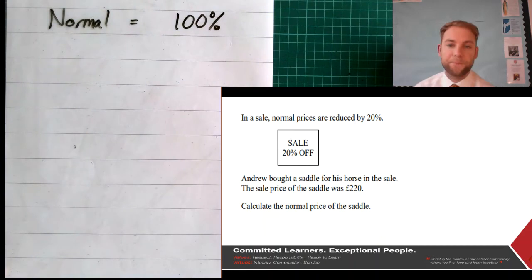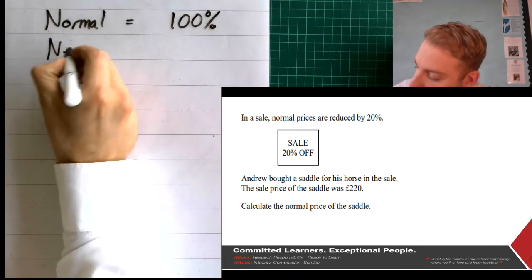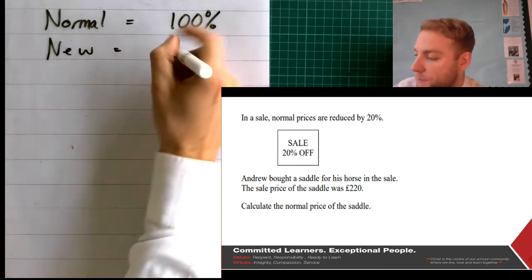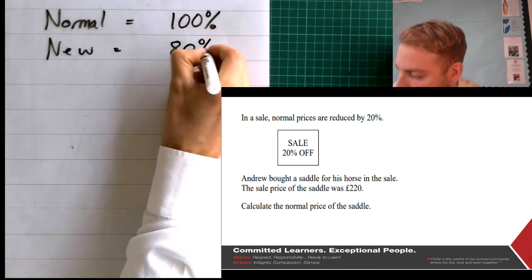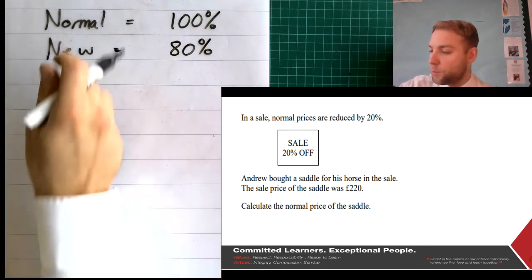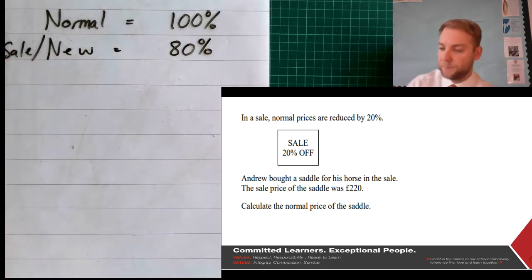We know that. And your new price is worth, well, it's been reduced by 20%, so this is going to be worth 80%. There, like so. Your new price, you could call it the sale price as well.